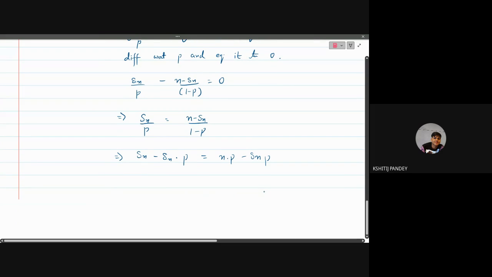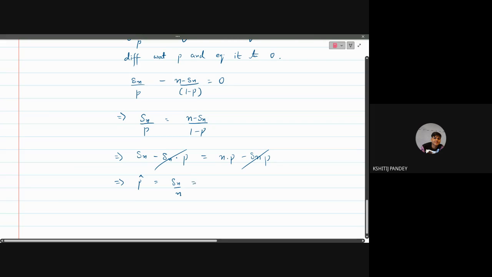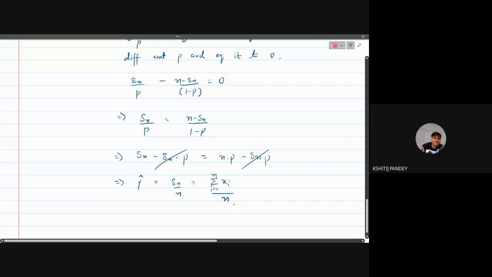Okay, so these two things will get cancelled, and now here your p hat is equal to what? This is Sn by n. Sn by n. And what is Sn? It is simply sum of your xi from i equal to 1 to n. So what is your p hat here? It is simply average of xi's.